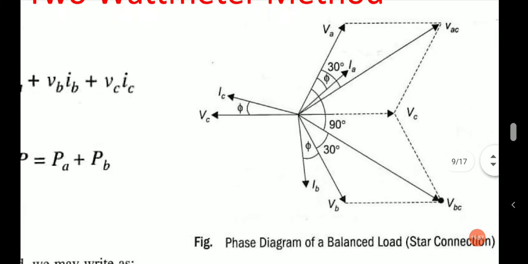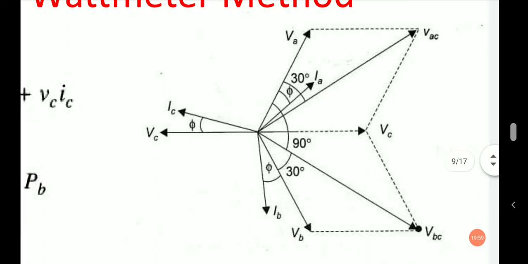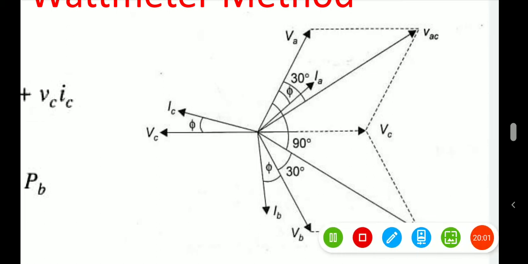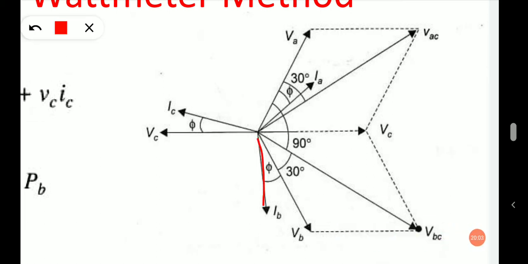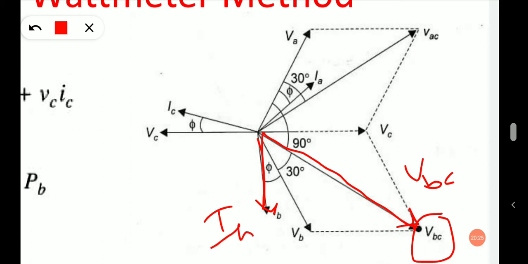From the phasor diagram we can see that the voltage VBC leads the current IB.